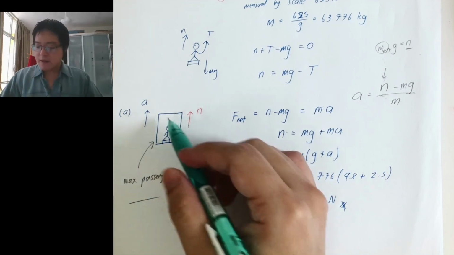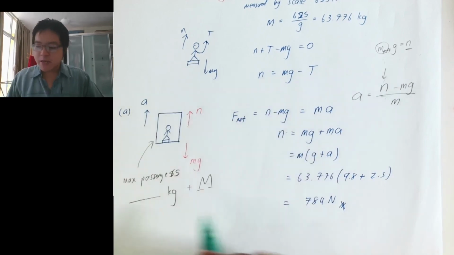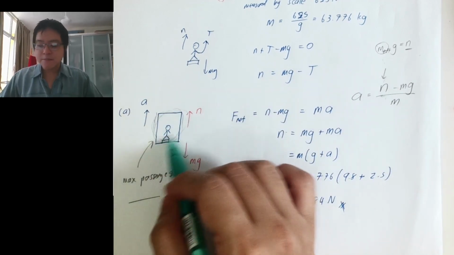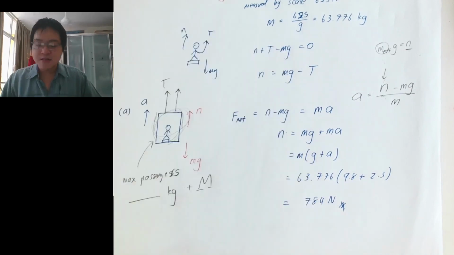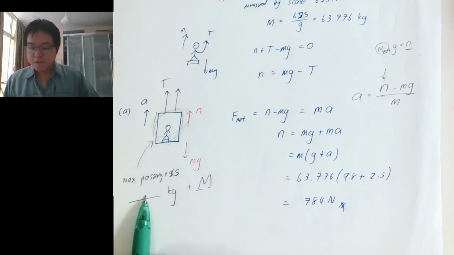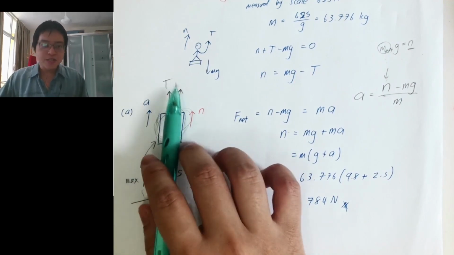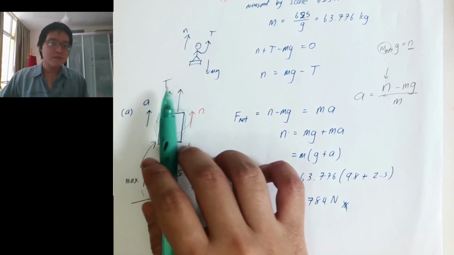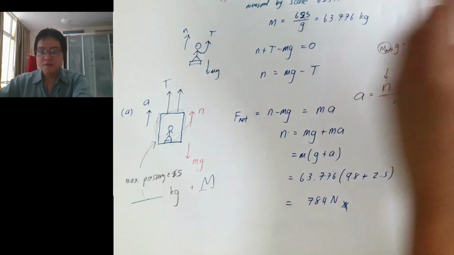Then maybe you can estimate the mass of the box itself. So you can also calculate the tension along the cables, and why we have a maximum passenger: the cable can only support a maximum tension. If the tension along a string is too strong, the string will actually break. That is one of the issues we want to worry about.